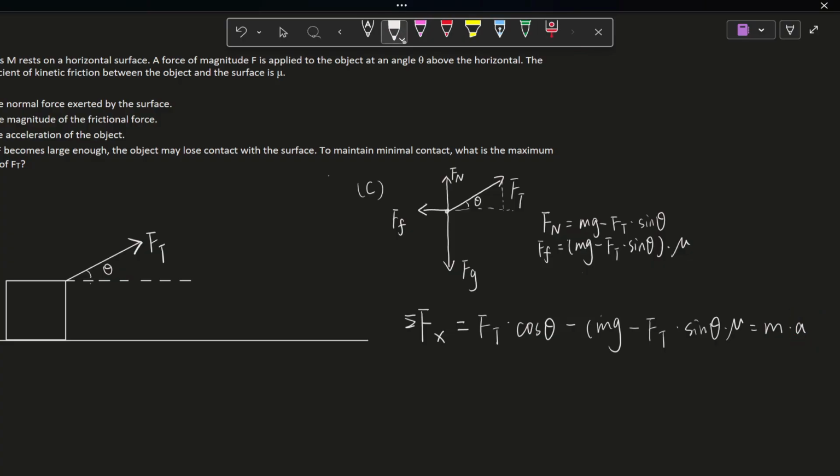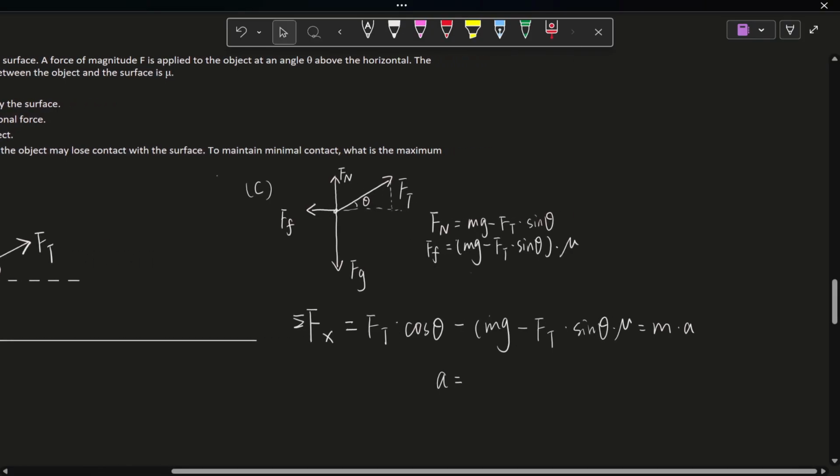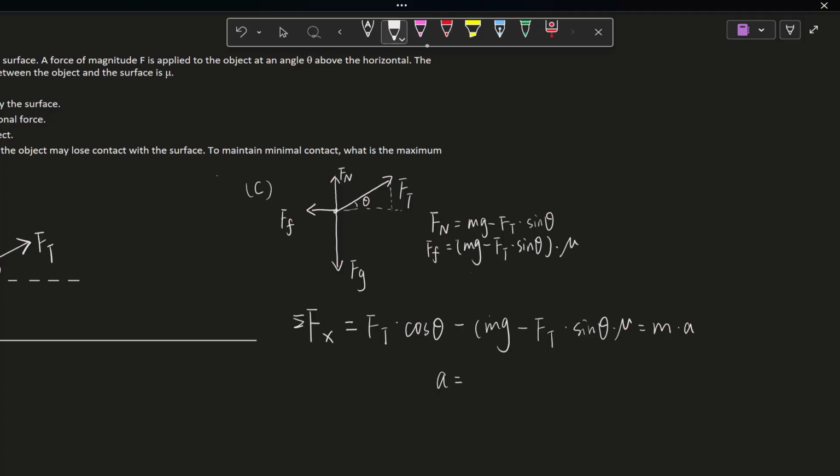We can simply divide by m on both sides, which gives a is equal to Ft times cosine theta over m, minus g mu, plus Ft times mu sine theta over m.